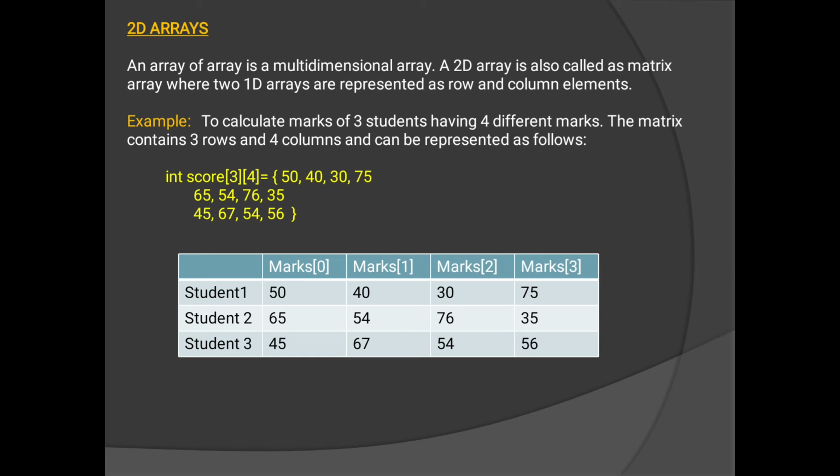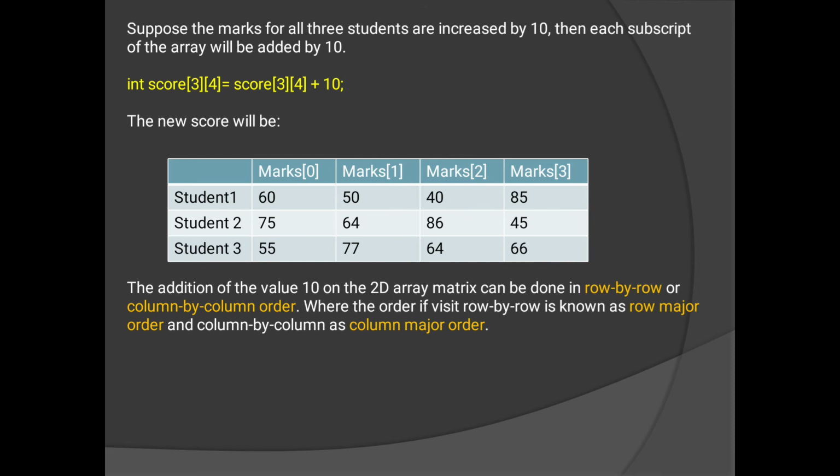So now what we have to do is, suppose the marks of all these 3 students are increased by 10 marks, then each subscript of the array will be increased by 10. Since all the marks are entered in each subscript, if it is increased by 10, all the array subscripts will be added by 10.